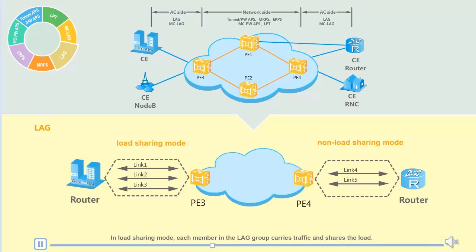In load sharing mode, each member in the LAG group carries traffic and shares the load. In non-load sharing mode, one member link in the LAG group functions as the active link, and the other member link does not carry traffic and is in a standby state. If the active link fails, the standby link takes over.